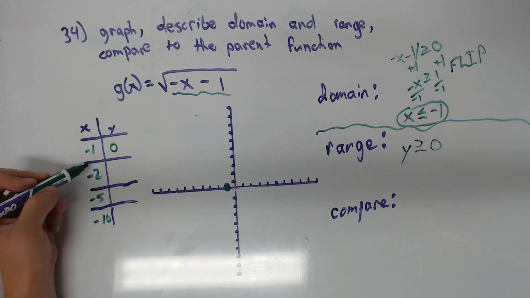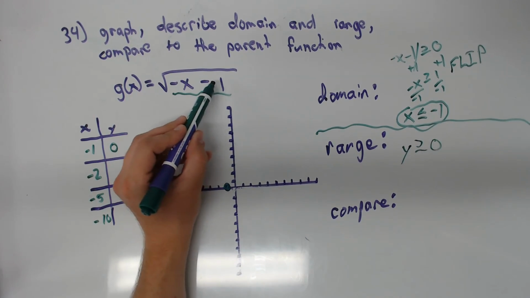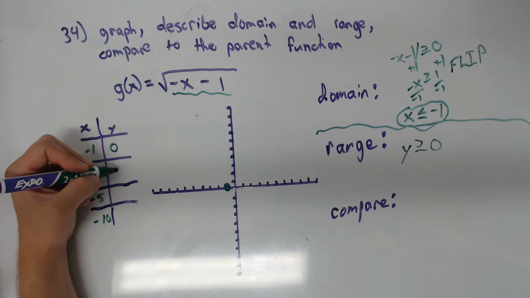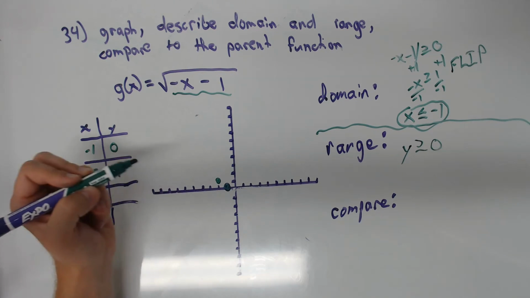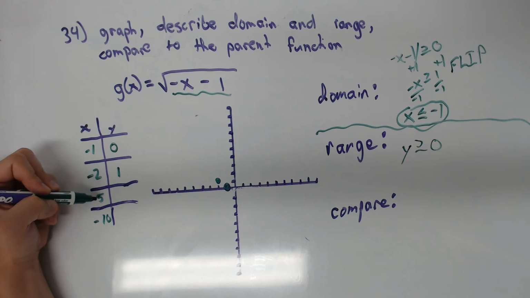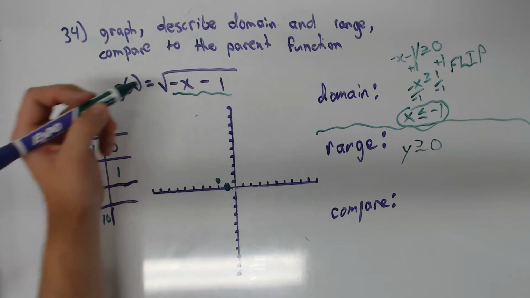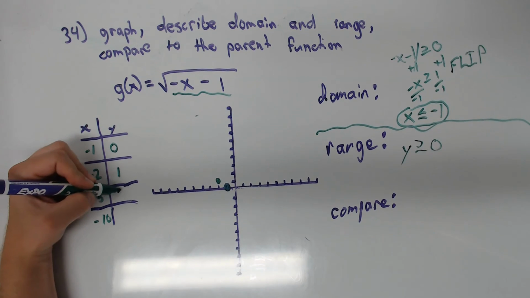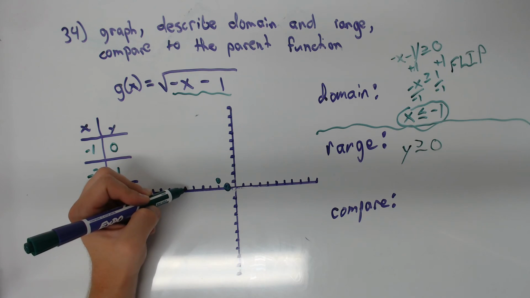If I plug negative 2 in, negative 2 is positive 2. 2 minus 1 is 1. Square root of 1 is 1. So negative 2 comma 1. Plug in negative 5. Negative 5 is 5. 5 minus 1 is 4. Square root of 4 is 2. 1, 2, 3, 4, 5, up 2.